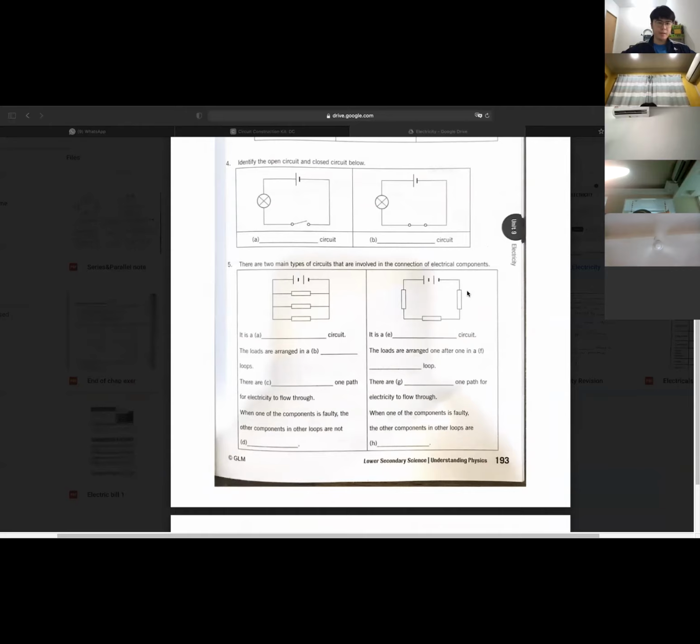What circuit is this? Just type your answer in the chat. We start with question 5, the first column.